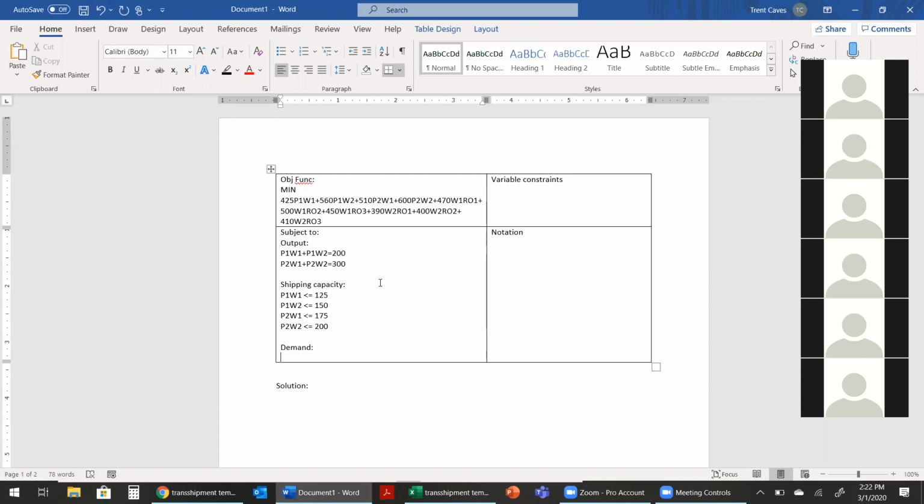That's right, warehouse 1 and 2. So warehouse 1 to retail outlet 1 plus warehouse 2 to retail outlet 1 has a demand of 150. And then now we go through for the other retail outlets.